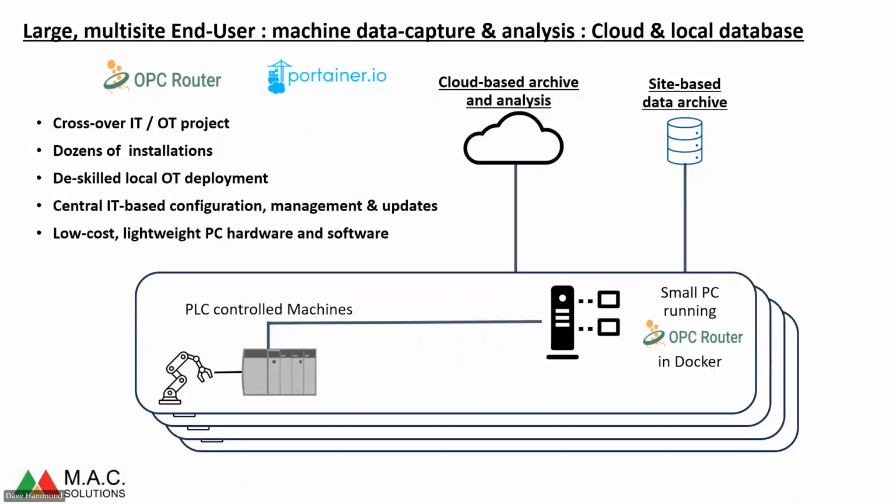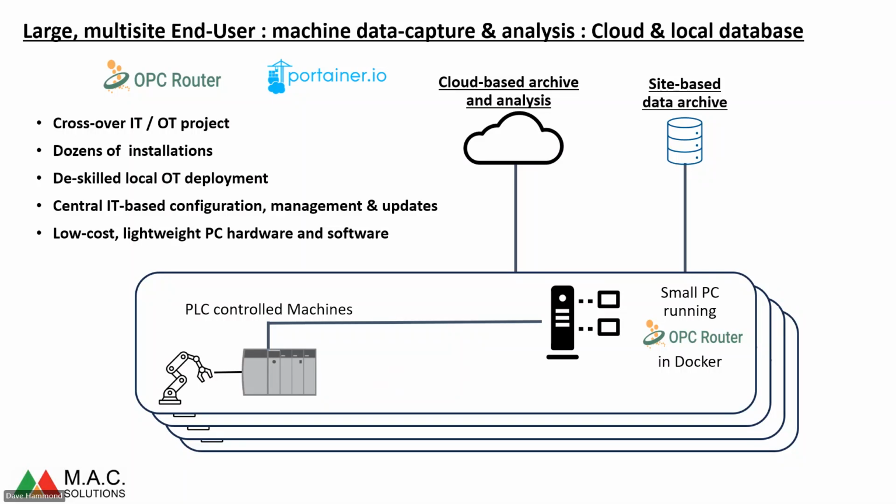For each machine, they have an edge device with OPC Router, and because of that, they also have multiple installations of OPC Router, which they have to manage. The best way to do that is centrally, using a tool such as Portainer. So that's why they decided to do that.